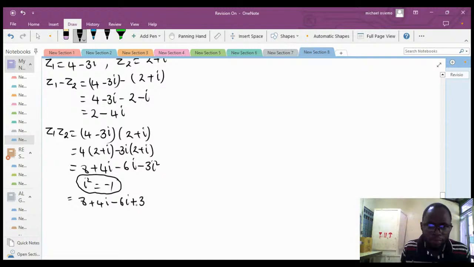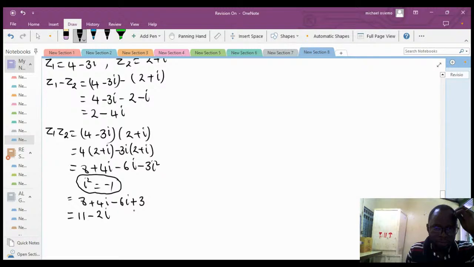The reason why it will be plus is because this i squared is already negative 1. So negative 1 multiplied by this negative is going to transform the negative to positive. So you put the real terms together to obtain 8 plus 3 to be 11. Then 4i minus 6i to be minus 2i.